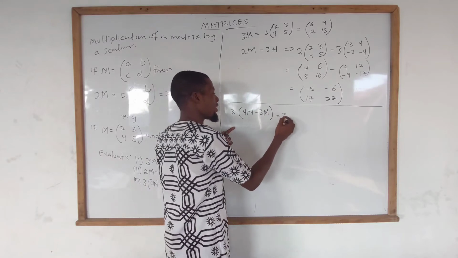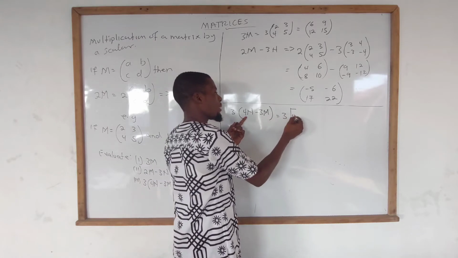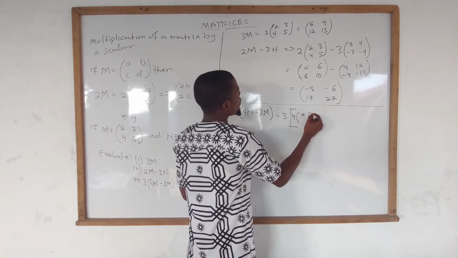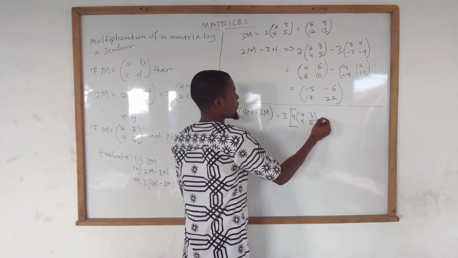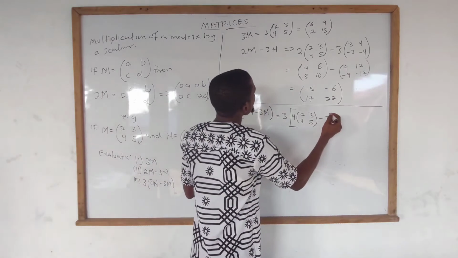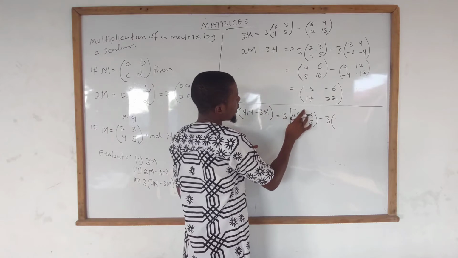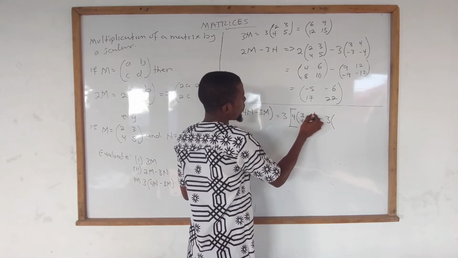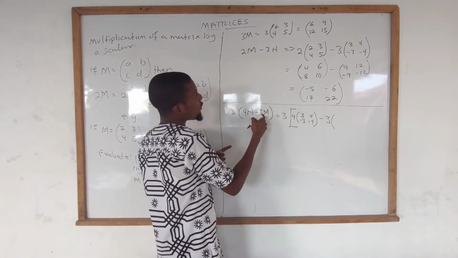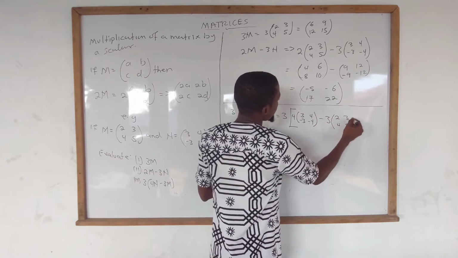This is the same as 3 times a big bracket, with 4 times the entries of n, which are 3, 4, minus 3, and minus 4, minus 3 times the entries of m, which are 2, 3, 4, and 5.